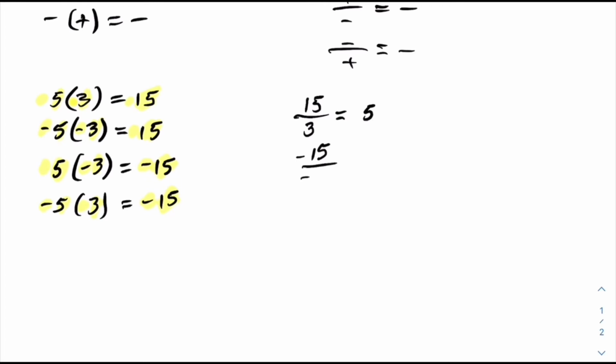If you have negative 15 divided by negative 3, negative divided by negative is positive, no signs mean positive, and 15 divided by 3 is 5.